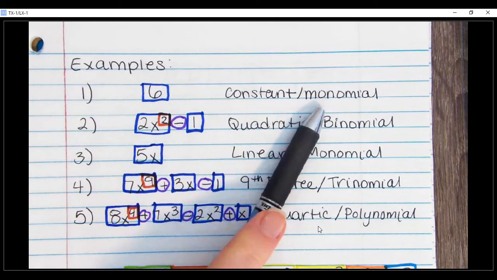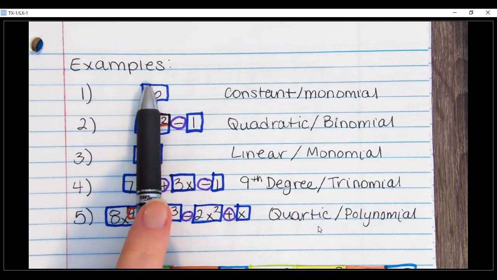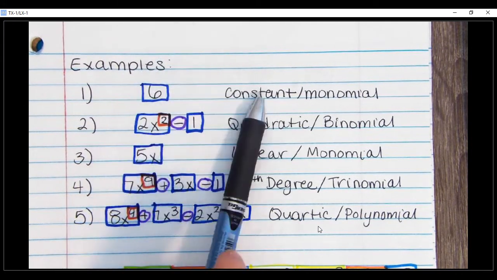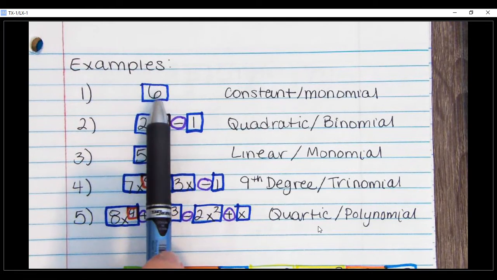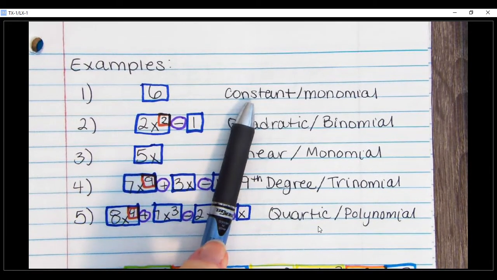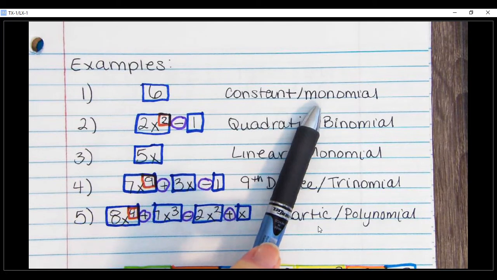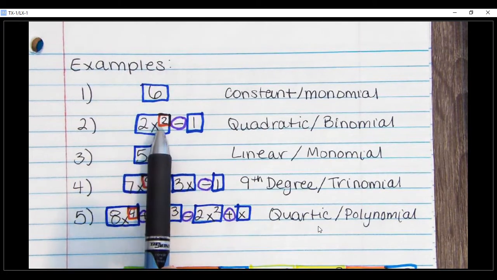And then we have monomial right there. It's a monomial because it is only one term. There's only one box. It's not separated by addition or subtraction signs. So example number 1, our identifying of this polynomial is called a constant monomial. Good.